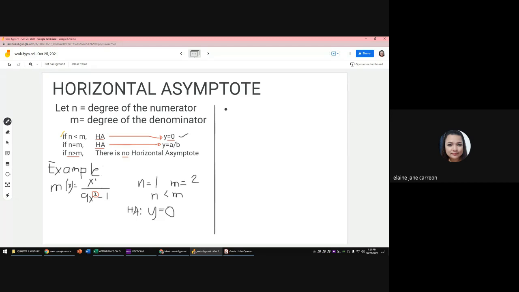Next, another example, m of x equals 7 minus 3x over 2x plus 1. What is n? Find the x. This is the x. What is its degree? 1.